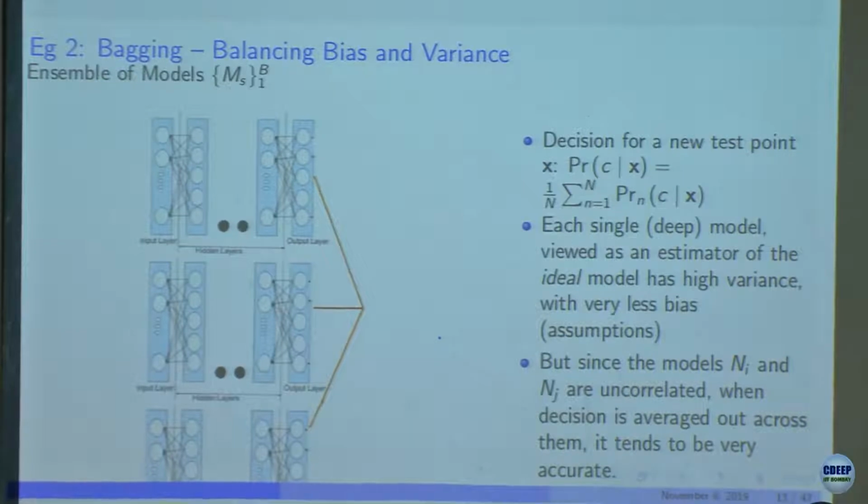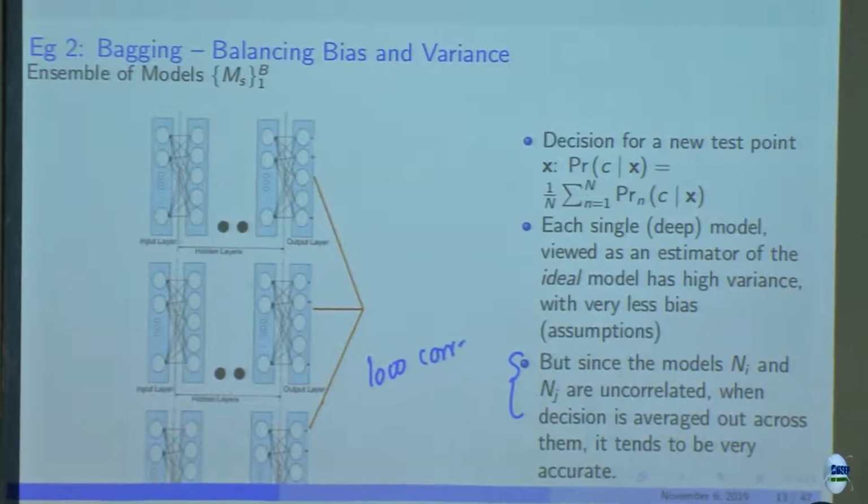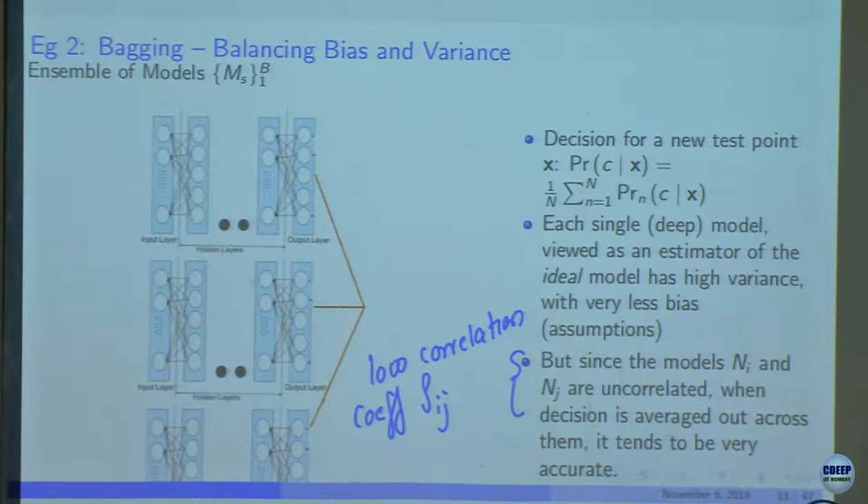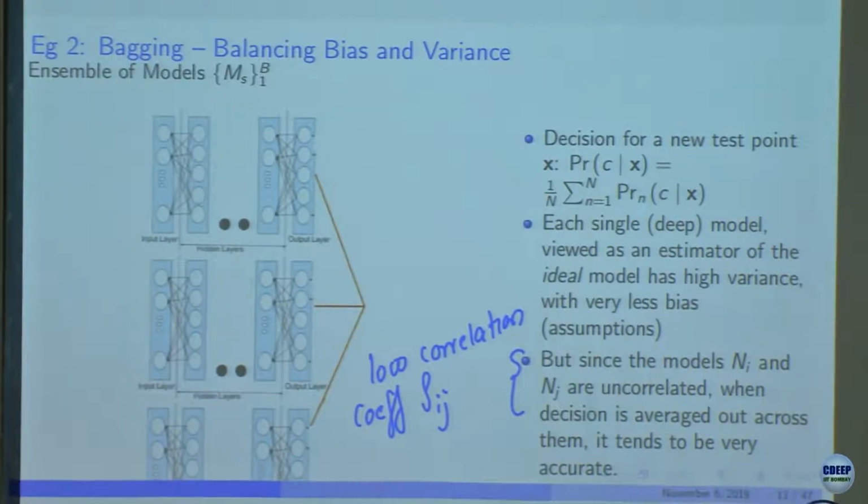The errors are basically cancelling out, and this is also related to a low correlation coefficient, rho ij. So this is the second idea, bagging. Now bagging happens in an asynchronous manner. You take these samples with replacement, which means that you can do them in parallel.